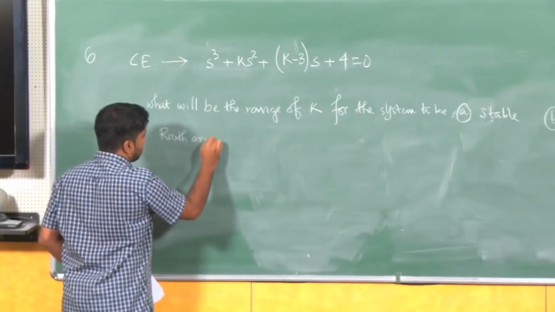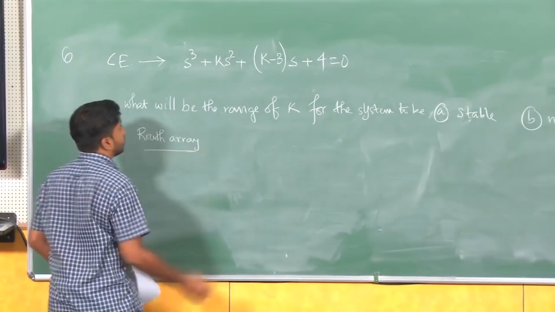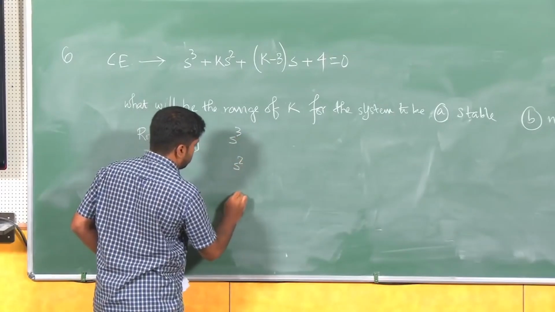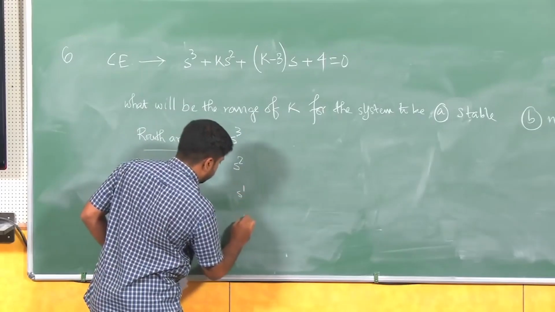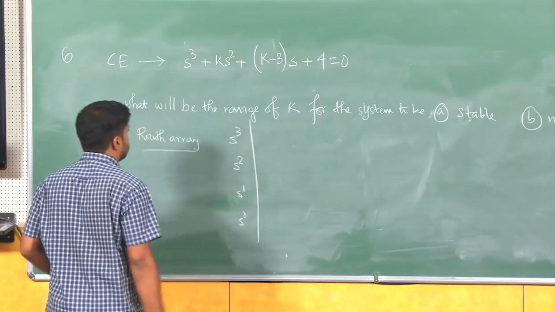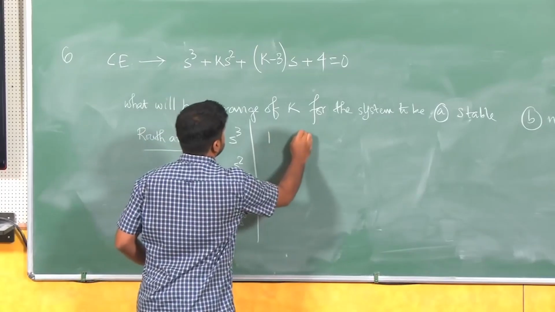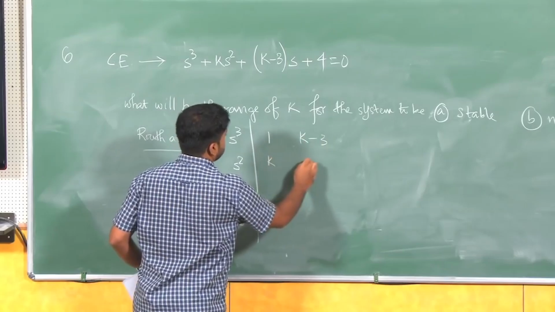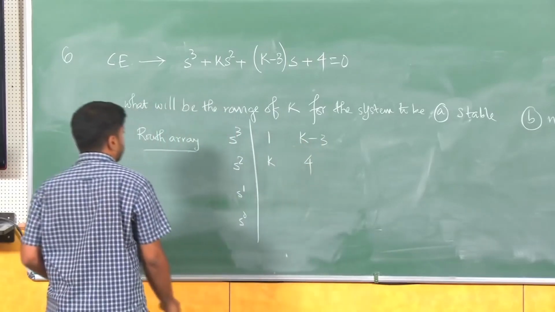Routh array. S cube: first term is 1, then k minus 3, and this is k, this is 4.